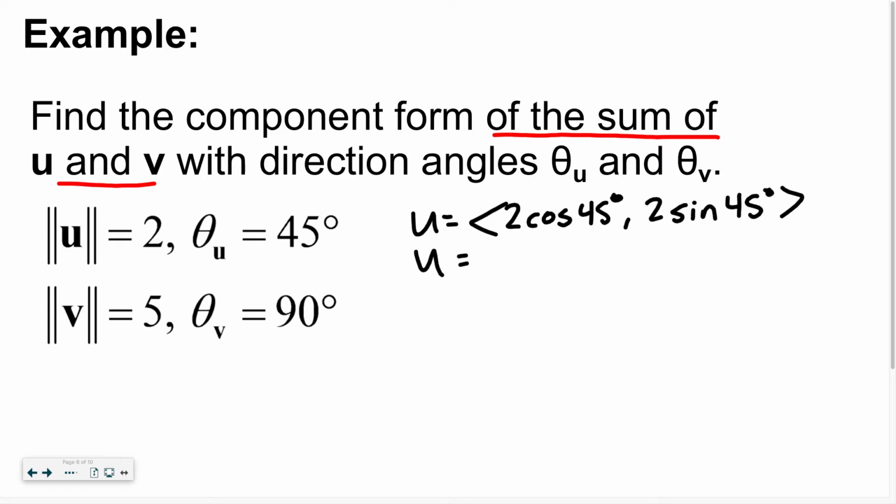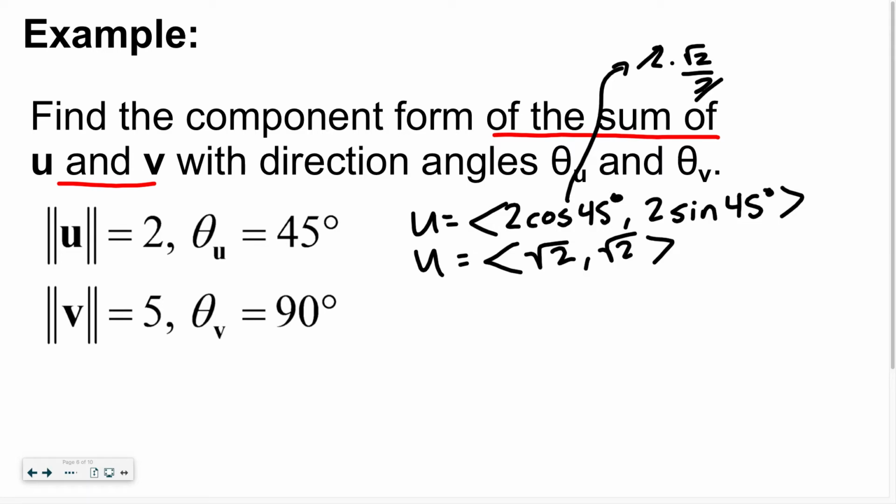So that's going to be square root 2, square root 2. I'm using my chapter 4 knowledge. This is 2 times the square root of 2 over 2, so they cancel. Sine will be the same.